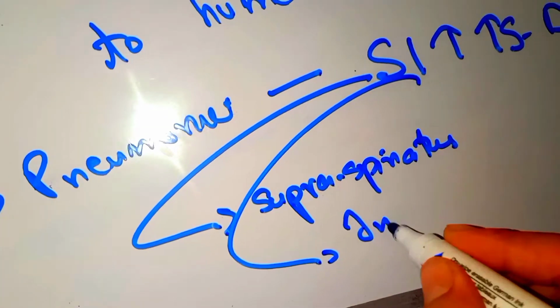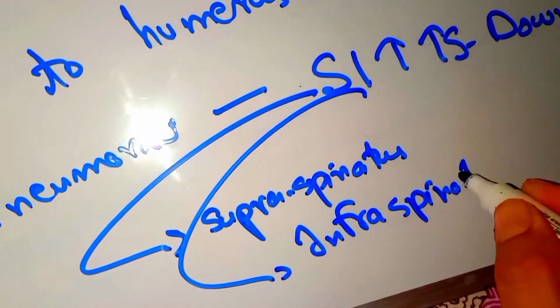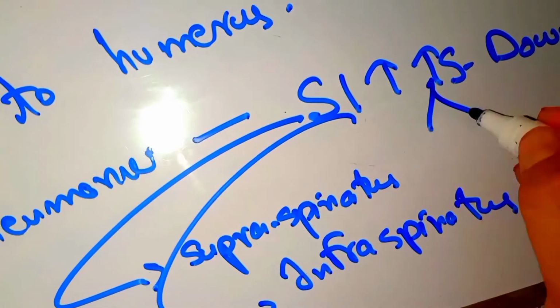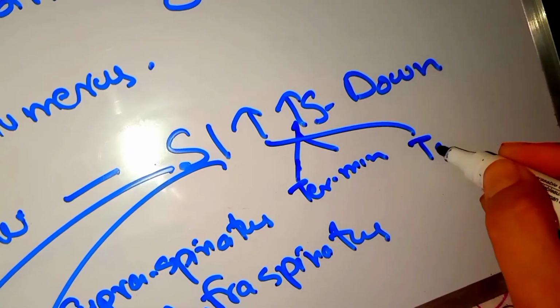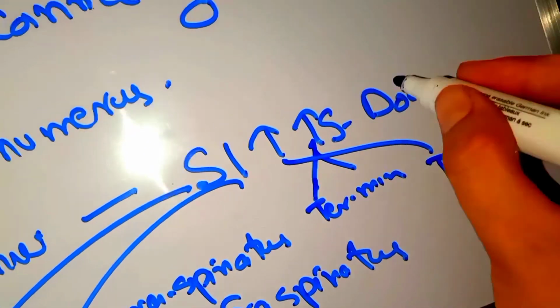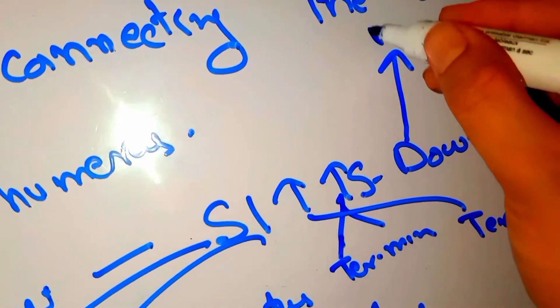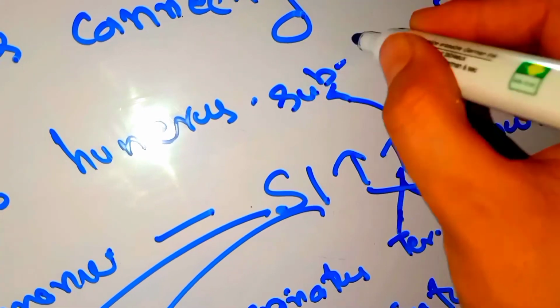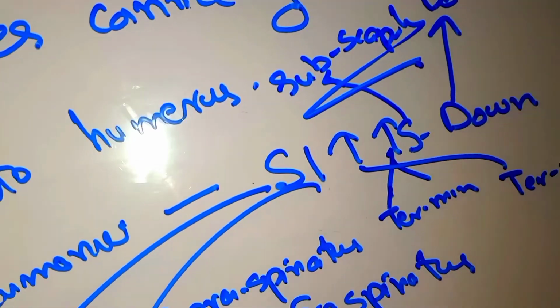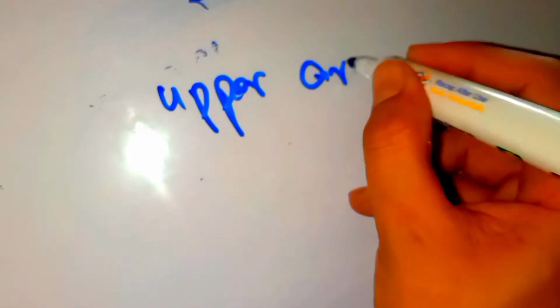I is for the infraspinatus. Then two T's are there, one is major, other is minor, so they are teres minor and teres major. D is for the deltoid, and S is for the subscapularis. So you can memorize these six muscles just with the help of the sits down mnemonic.